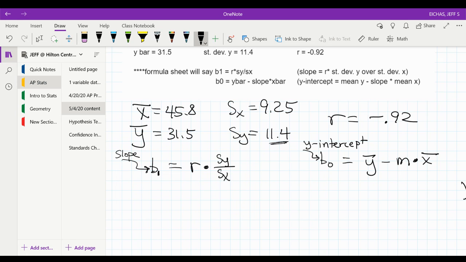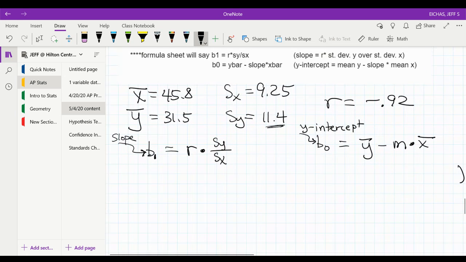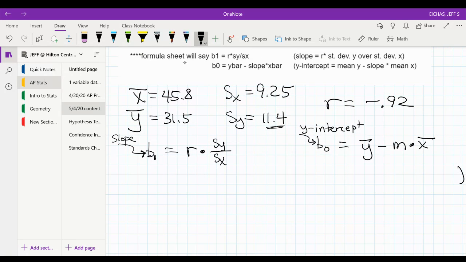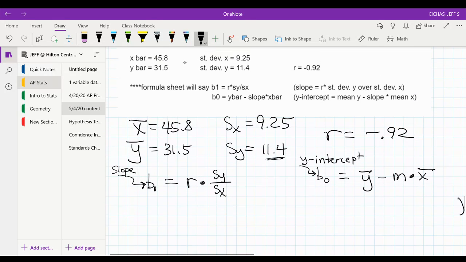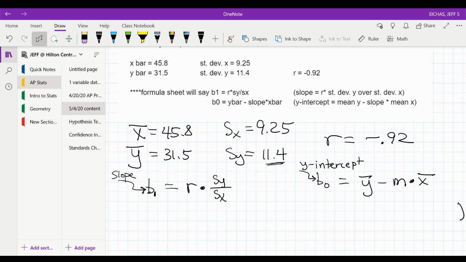The y-intercept, they actually didn't have to give you a formula for. They might not. But if they do give you one, it's the average y value minus the slope times the average x value. You know that one of the points on the line of best fit is always the average x, average y, so they don't even have to give you this formula.